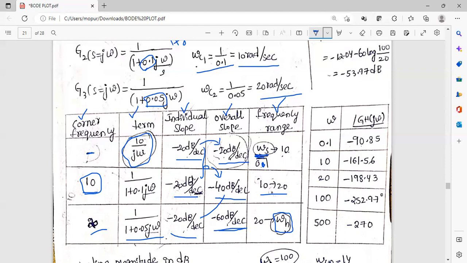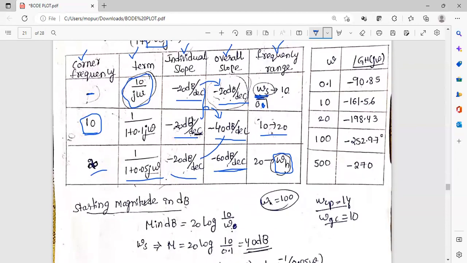After finding the magnitude in decibels at these 2 points, you can join them, and the line joining them will have a slope of minus 20 dB per decade. So now we should find the magnitude in decibels at all corner frequencies, that is, at the starting frequency, at 10 radians per second, at 20 radians per second, and at a higher frequency.